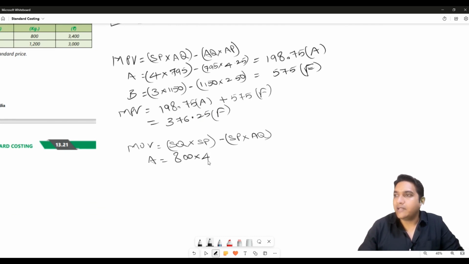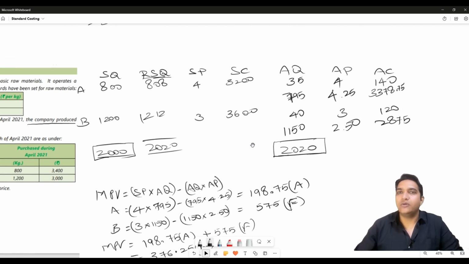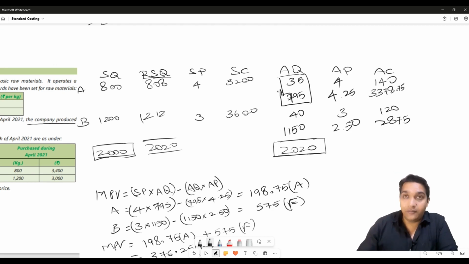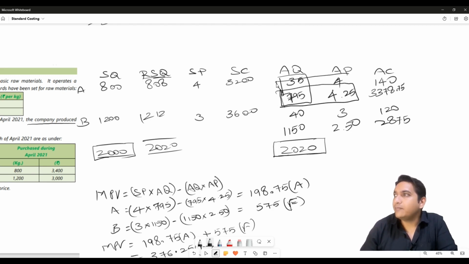Our standard price is 4 minus standard price is again 4 multiplied by actual quantity. Now, how much is the actual quantity we have to take here? The actual quantity will be the total of these two, that is 35 and 795. While calculating price variance, we had only considered this line item because there was no difference in price of the opening stock.